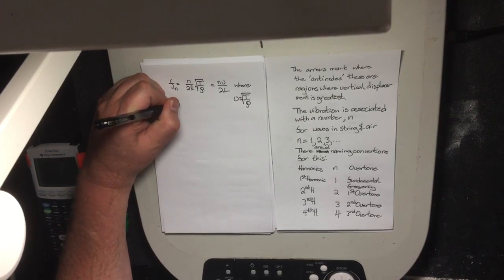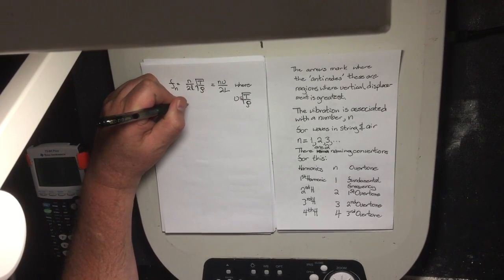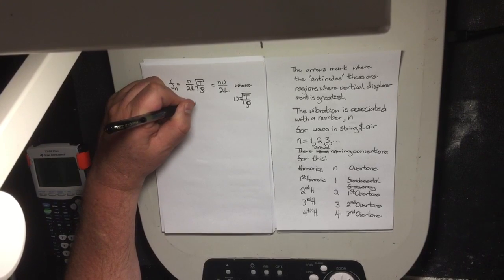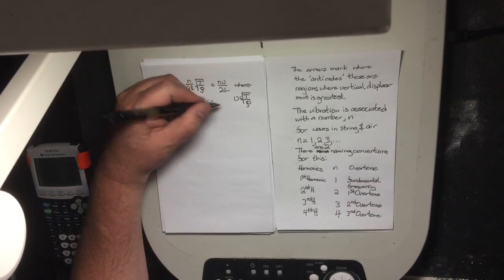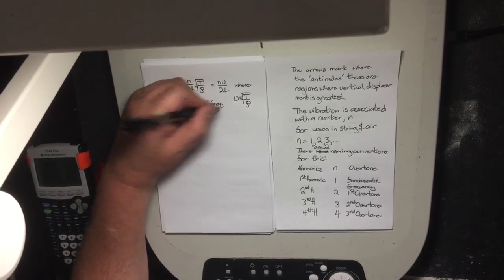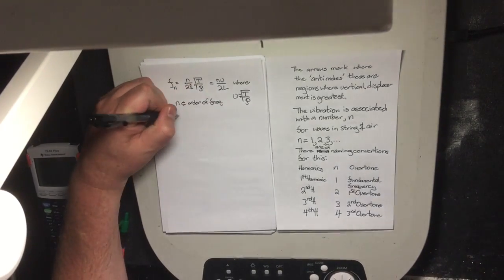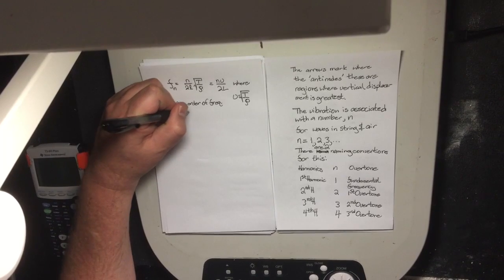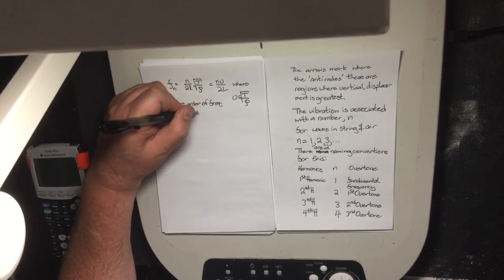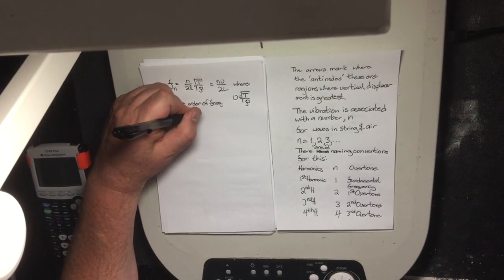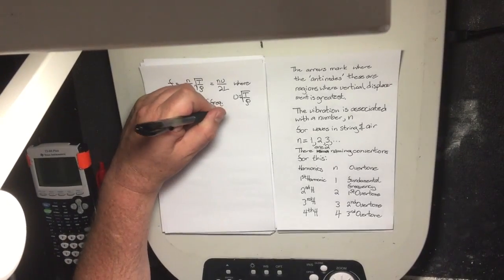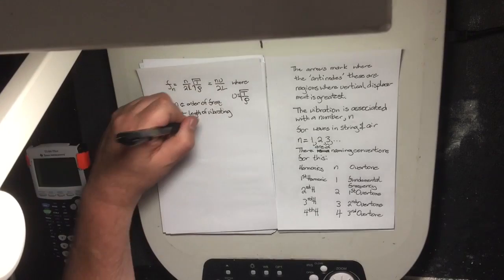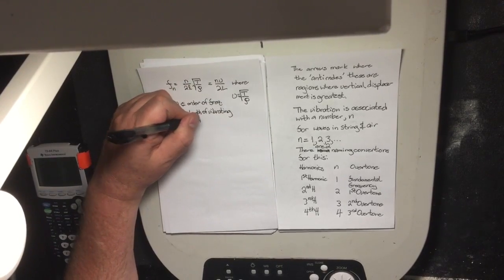Now n is the order of frequency, the first harmonic, second harmonic, whatever. The L is the length of the vibrating string.